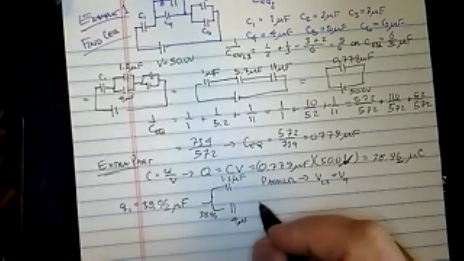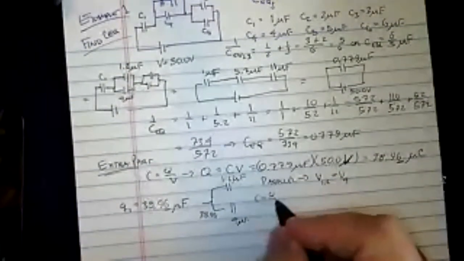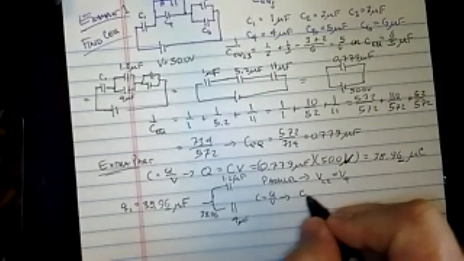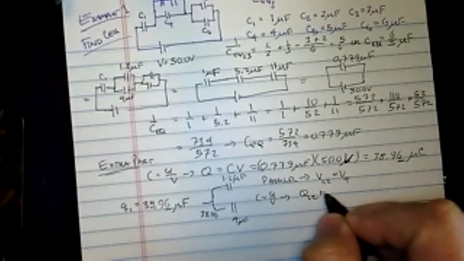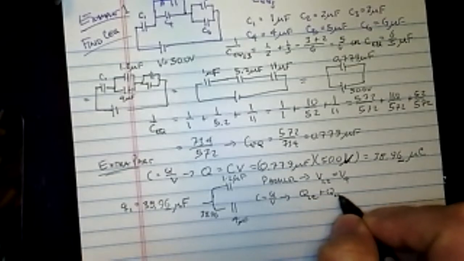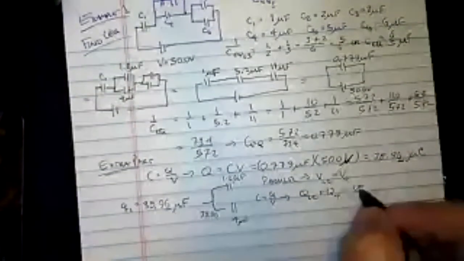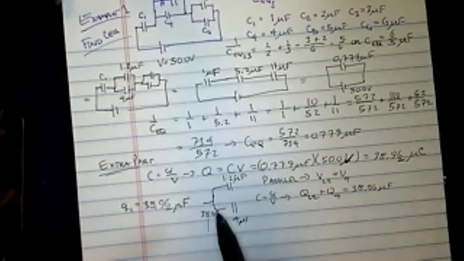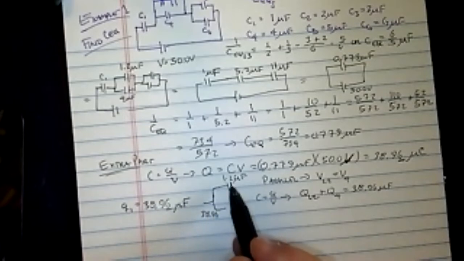We know that C equals Q over V. So what we have here is that Q1.2 plus Q4 has got to equal 38.96 microfarads. That's just conservation of charge. Q1.2 is going to go to this top leg, and Q4 is going to go to this bottom leg.